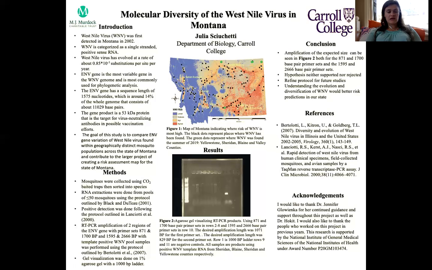Understanding the evolution and diversification can allow for better predictions of outbreaks as well, which allows for improved public health measures for both humans and horses, which is what the overall project here at Carroll is about, as you can see in the West Nile virus risk map that Dr. Glowinka and Dr. Hokett have been working so hard to continually refine.